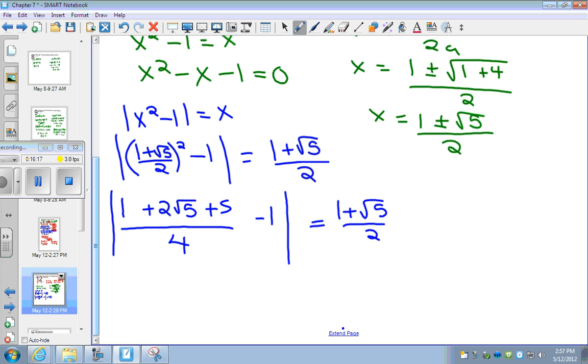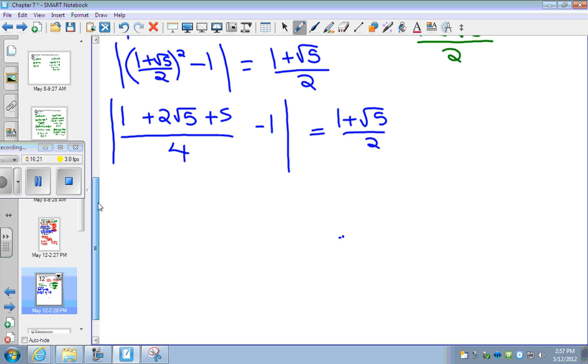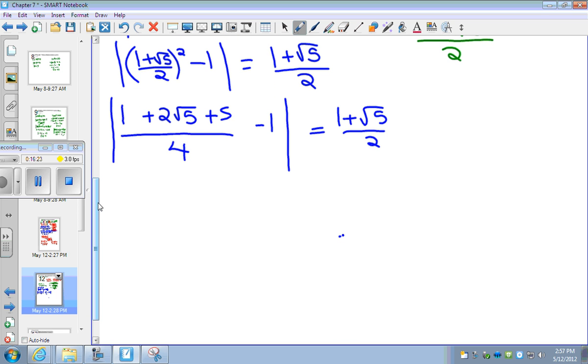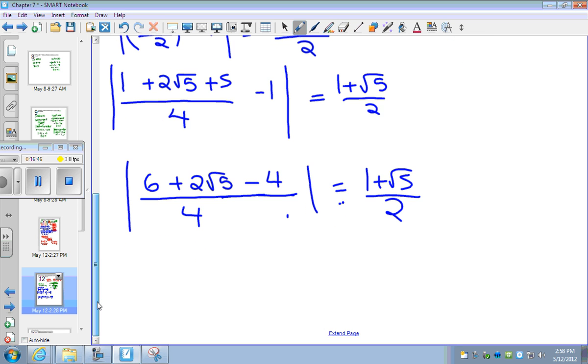Okay, so simplifying this, we would get 1 plus 5 is 6. So we would get 6 plus 2 root 5 minus 4 over 4. Okay, to get a common denominator. So 6 minus 4, now that they have the same denominator, we could just write it like that. 6 minus 4 is 2.